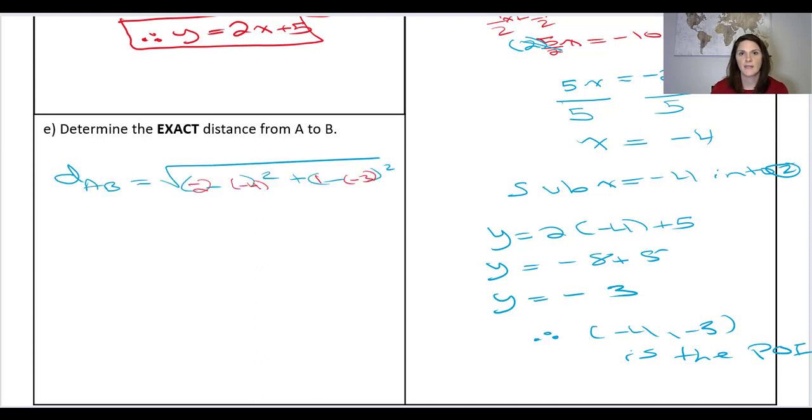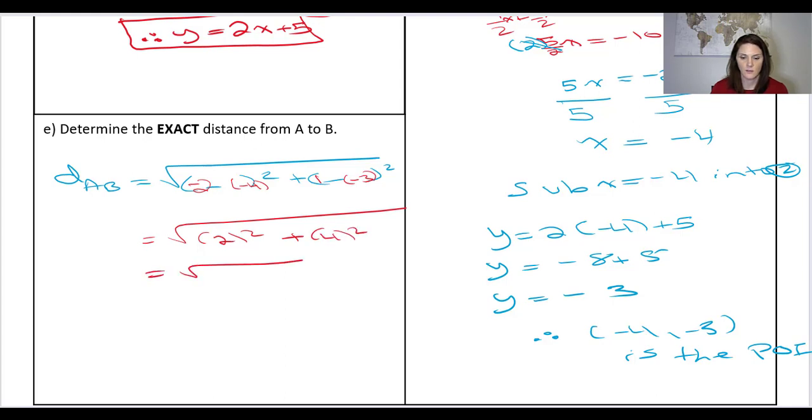Okay, so we just went ahead and we subbed in our 2 points, the original point A and our new point. So remember, keep the x's in the first bracket, the y's in the second bracket. So we get the square root of, so negative 2 minus negative 4 is positive 2 squared plus 1 minus negative 3, so that's 4 squared.